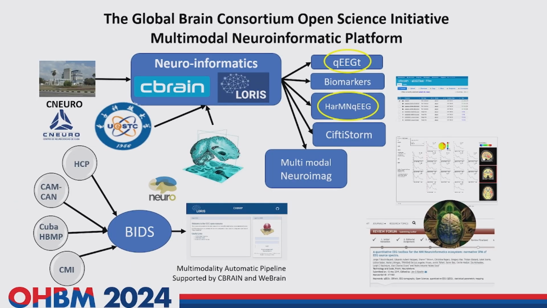I have no disclosure to say. You have seen this before. I just want to say that all this effort that we have been doing for many years started from a collaboration very long time ago between all our institutions, and that CBRAIN and LORIS are the core of the platform that we have developed for open science, that we are promoting through the CBRAIN, through the MNI, the EEG Net, and the Global Brain Consortium.